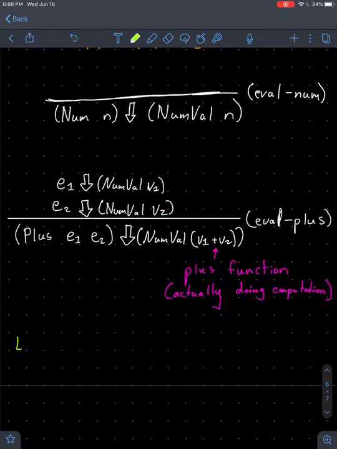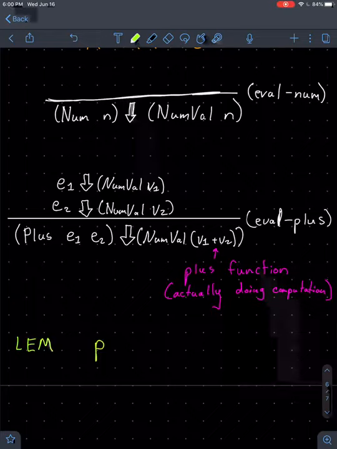And that's not necessarily the case. This is called LEM, or the law of excluded middle, which says that either some proposition P is true, or it's not true. John, is that kind of what you were thinking? Somewhat, yeah.